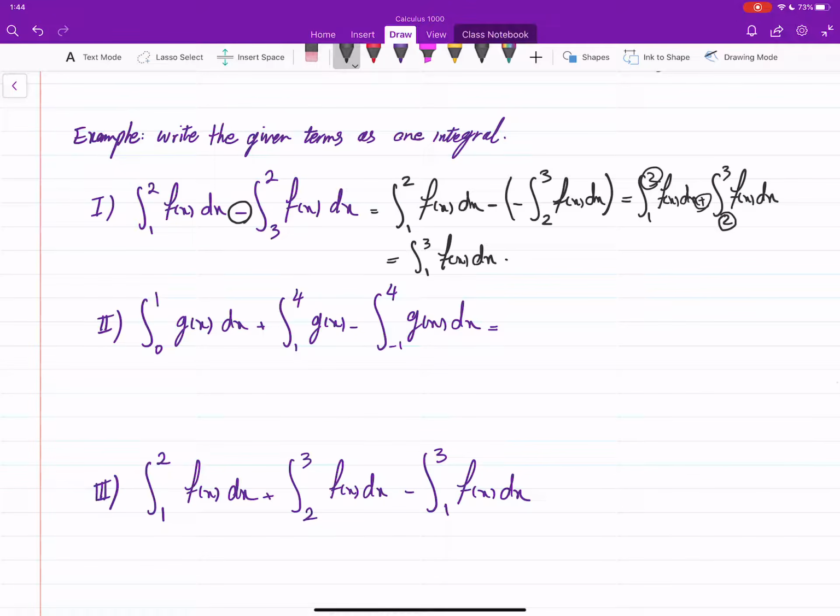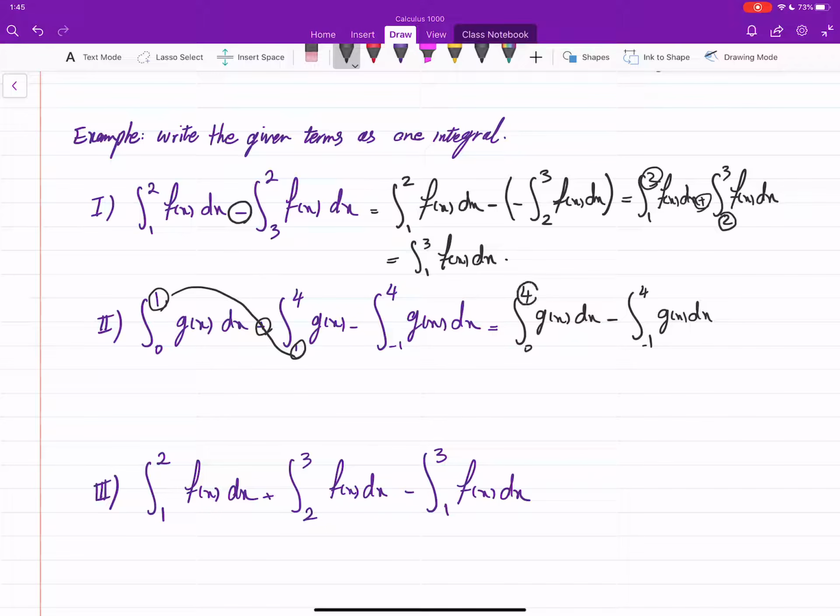How about this one? Okay, I have to start from somewhere. So here I can see that I go from 0 to 1, add, and then I start from the same one. So these first two will give me 0 to 4 of g x dx minus the integral from -1 to 4 of g x dx.